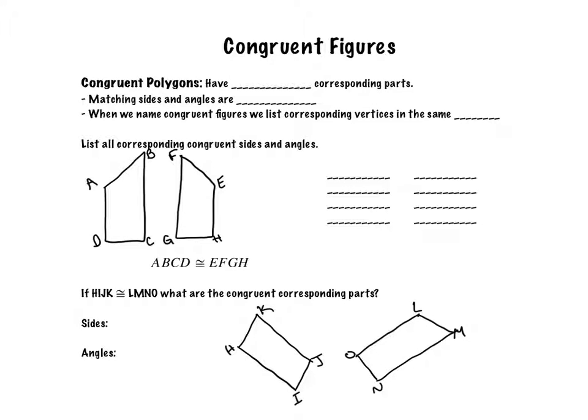Congruent figures. Congruent polygons have congruent corresponding parts. Each part that corresponds is congruent. What that means is whatever sides match up and angles that match up, those are what are congruent.